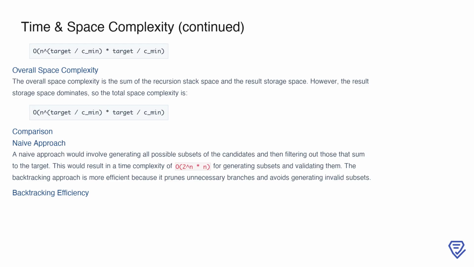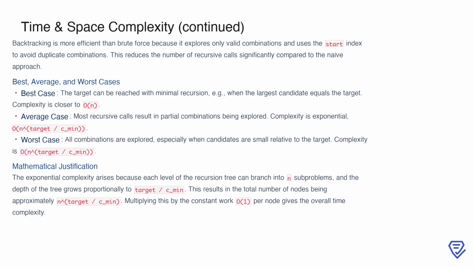This improvement stems from the algorithm's ability to explore only valid combinations, significantly reducing computational overhead. Backtracking achieves efficiency by leveraging the start index to prevent duplicate combinations and by restricting exploration to valid branches. This optimization greatly reduces the total number of recursive calls compared to the brute force approach.